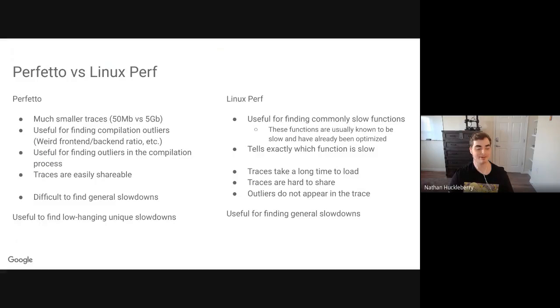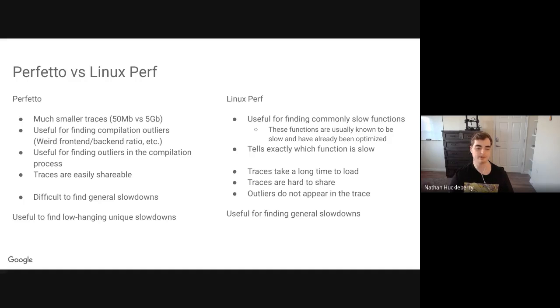So Perfetto versus Linux perf, why would you use one over the other? So Perfetto, the traces are much smaller. They're like 50 megabytes versus 5 gigabytes. And I found that Perfetto was much more useful for finding compilation outliers rather than generally slow functions. So using the query engine, it was really easy to find slowdowns that are kind of weird, and the traces are easily shareable.